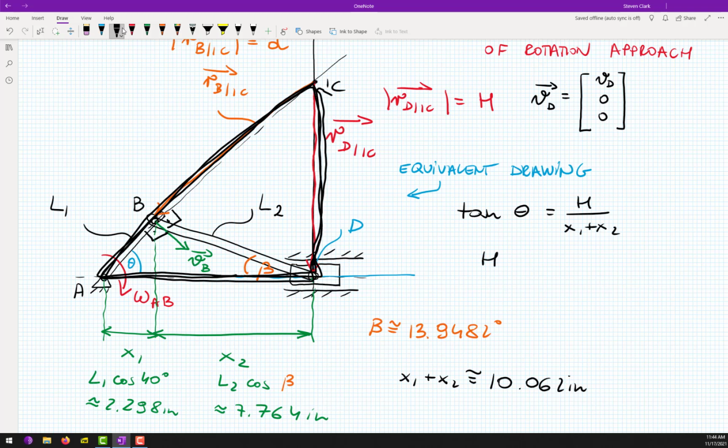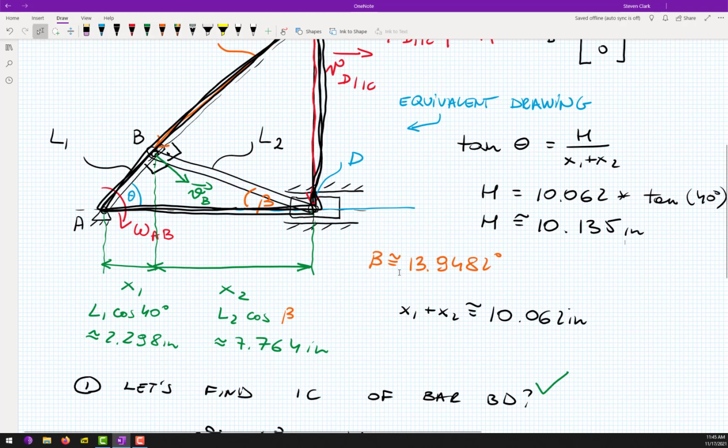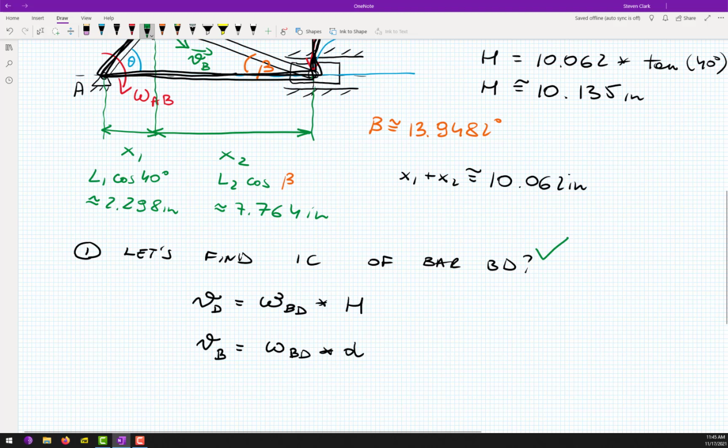So our h is equal to 10.062 times tangent of 40 degrees. Grab your calculators and obtain that our h is approximately 10.135 inches. Okay, so we are done with h.